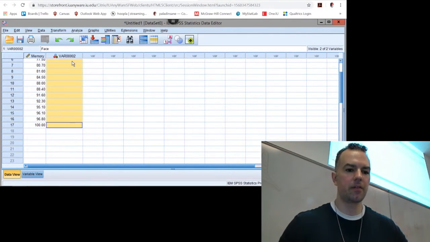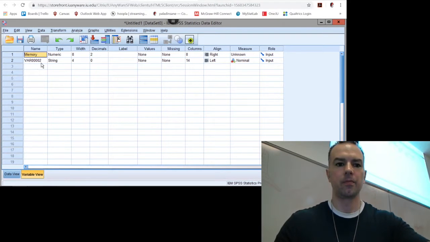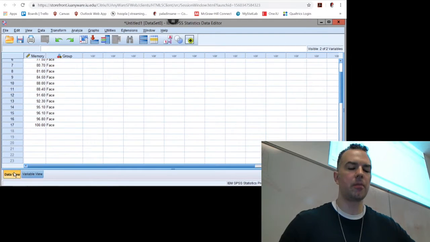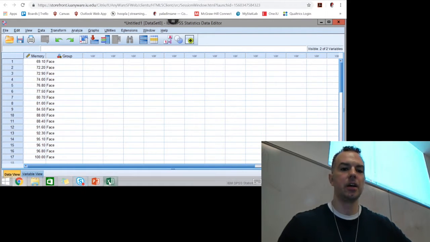Then go to variable view, and let's just call that group. Now we have our memory scores from our memory subjects and the fact that they're in the face condition.